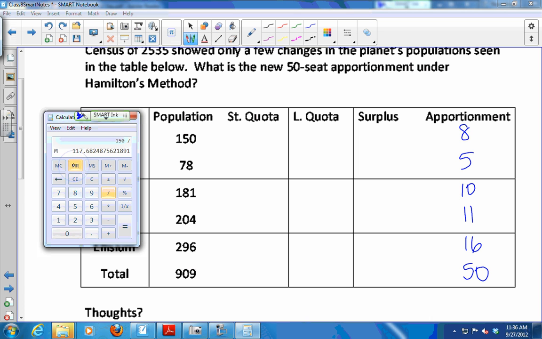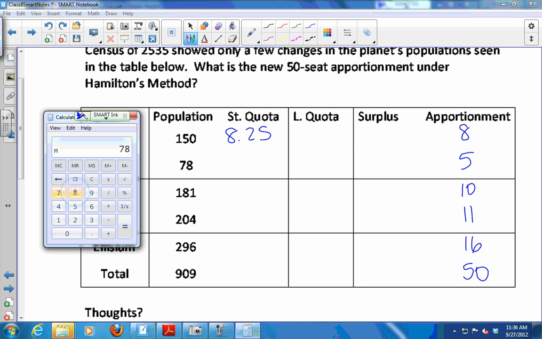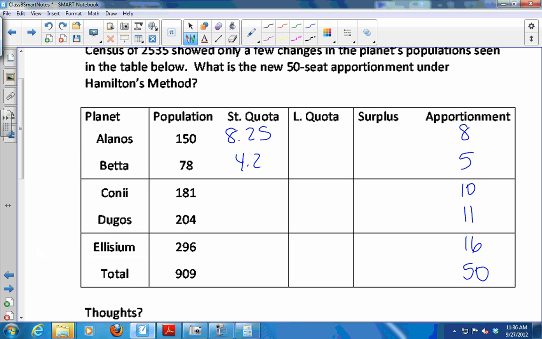My memory button. Oh, I have to do memory clear first. Okay. 150 divided by, so I get 8.25. Okay. 4.29.